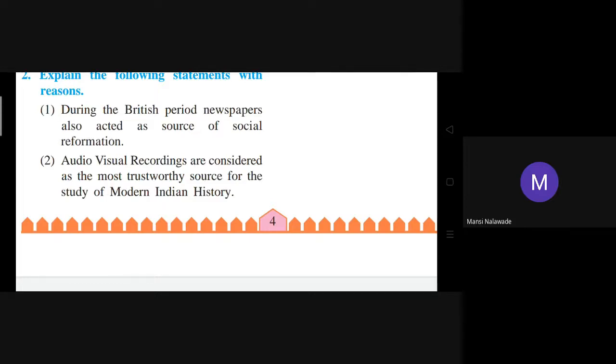Audiovisual recordings of the Dandi March, Quit India Movement, Salt Satyagraha, and other historical events are available. Films also deal with subjects like social problems, superstition, practices. They reflect contemporary social, religious, political issues. Therefore, audiovisual recordings are considered as a unique discovery of the 20th century.